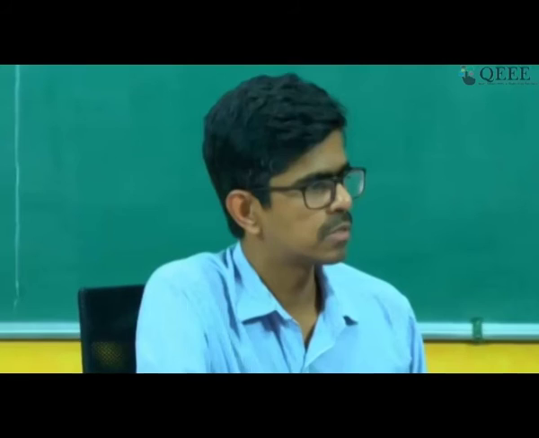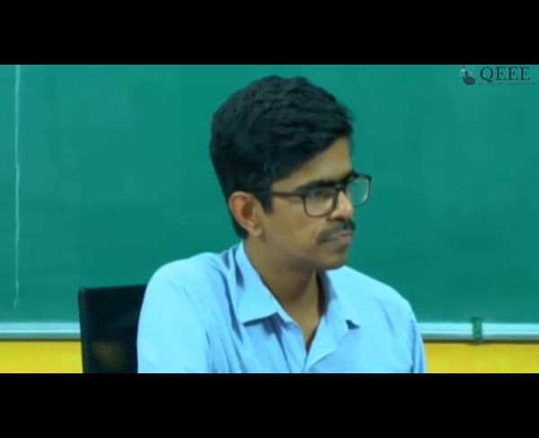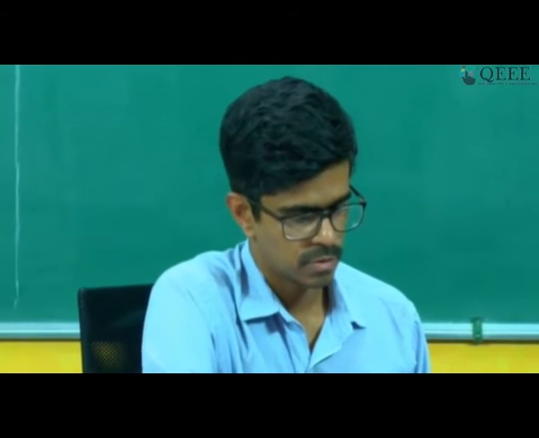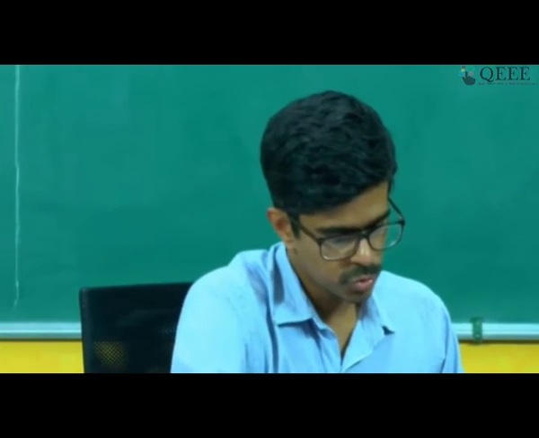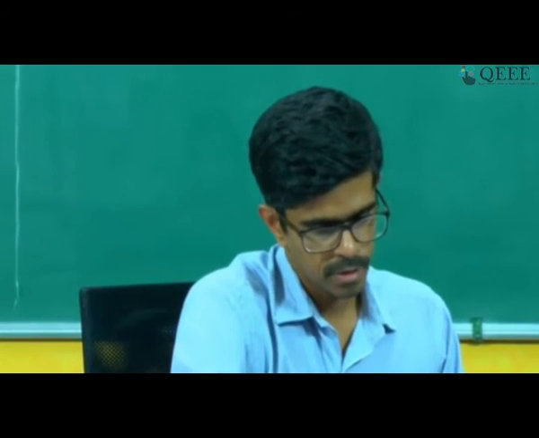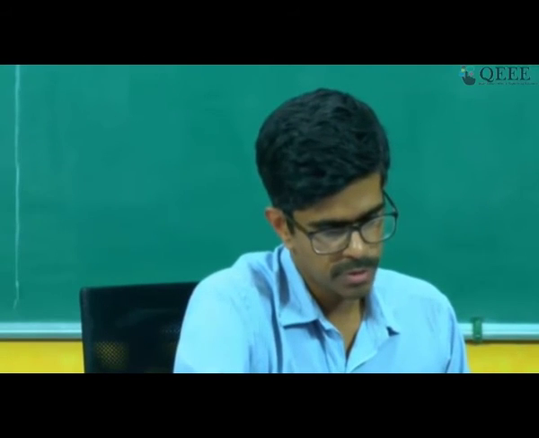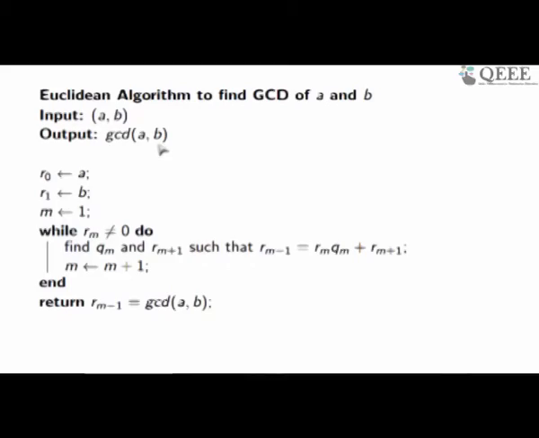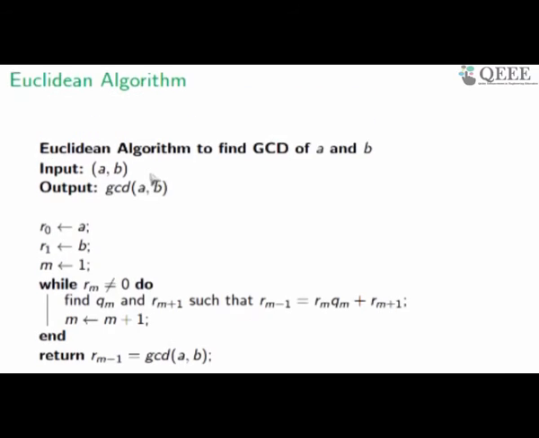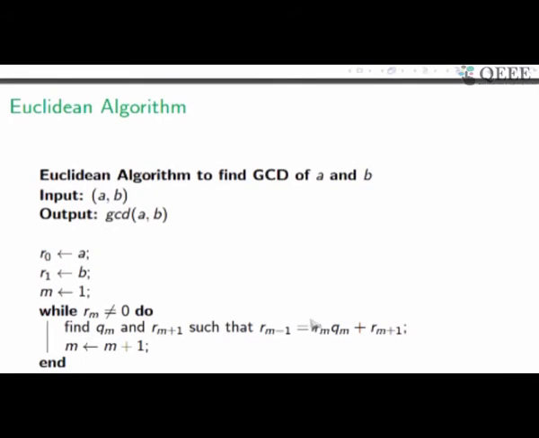Okay, so I will just give you an example of the extended Euclidean algorithm. I'll not dwell on this particular thing, but the fact is that we are given two numbers A and B and we have to output the GCD of A comma B. This is something we would all have studied.